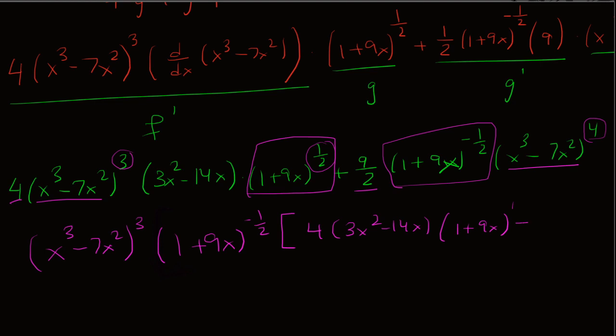And then plus 9/2, and all that's left is the x cubed minus 7x squared. If you really want, you can FOIL out this thing and then distribute the 4, and also distribute the 9/2, but that's plenty of simplification for us.